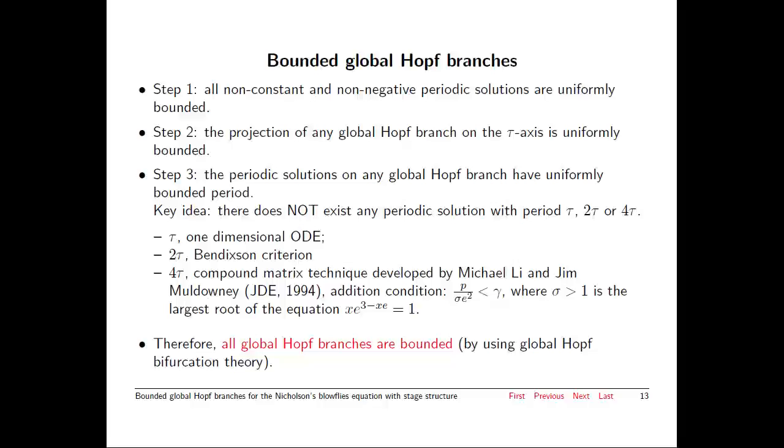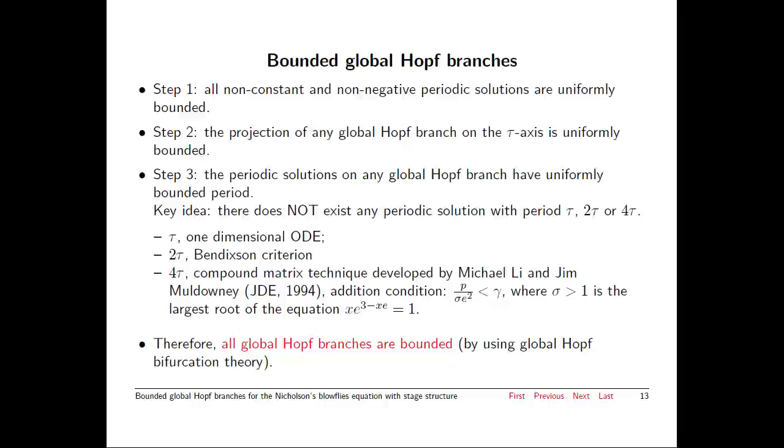So we can easily preclude the tau period periodic solutions. And for the 2 tau case, we can use the Bendixson or Dulac-Bendixson criteria, since it can be converted to a plane system, a 2-dimensional ordinary differential equation, and using the Bendixson criteria we preclude the 2 tau period periodic solutions.